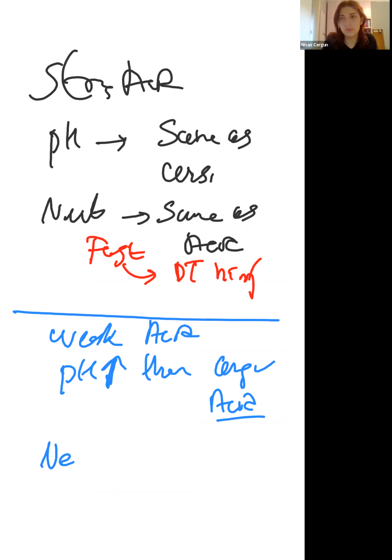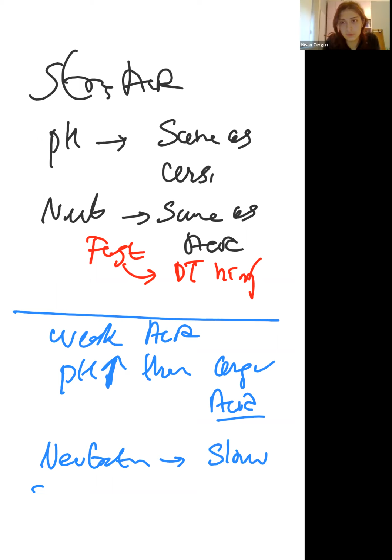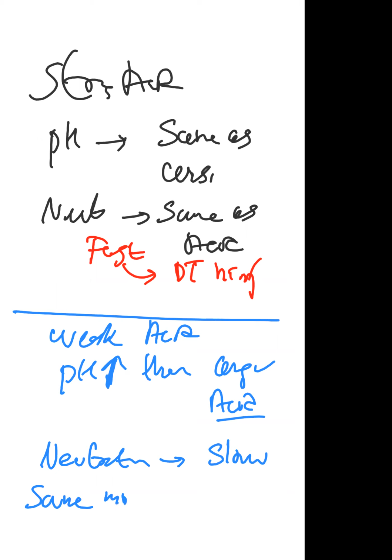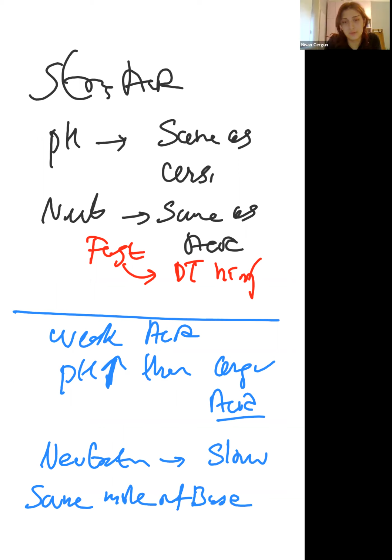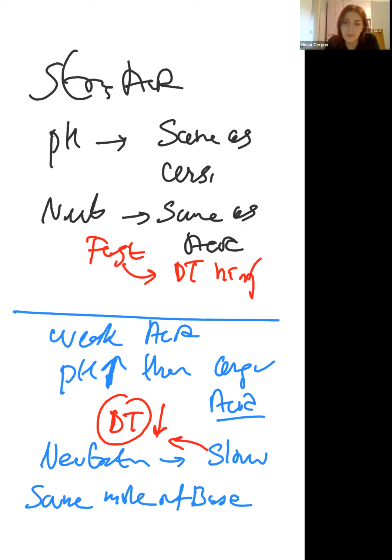And the neutralization reaction is slow, but the same mole of base is required. This slowness will be observed as a temperature difference that is just below what we expected. This is the case for weak acid and strong acid.